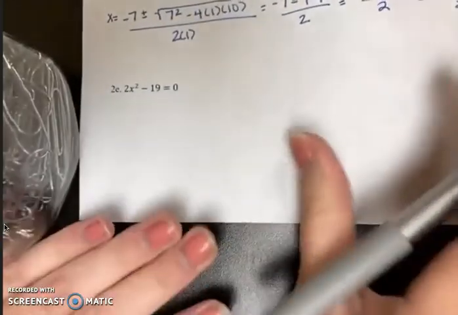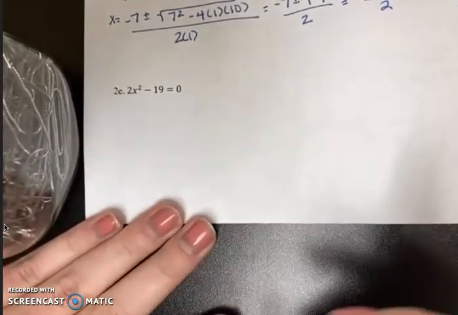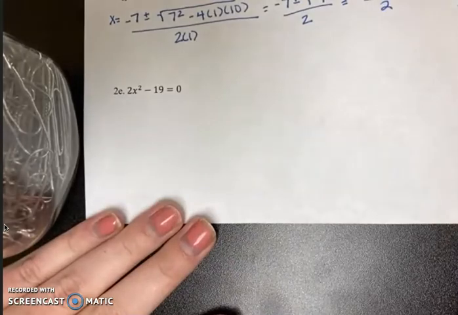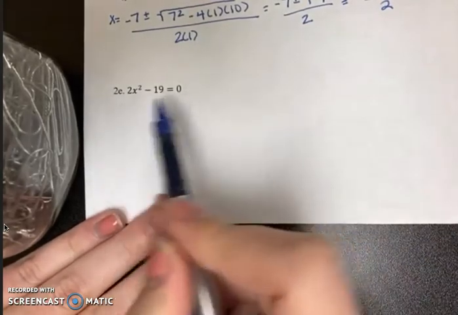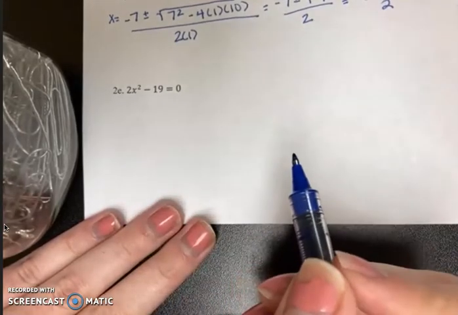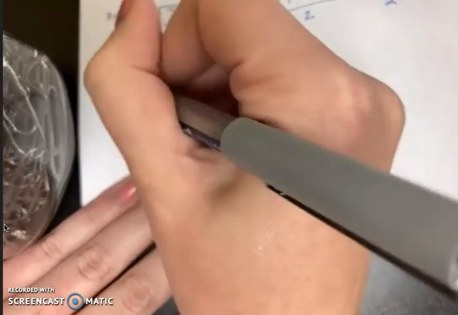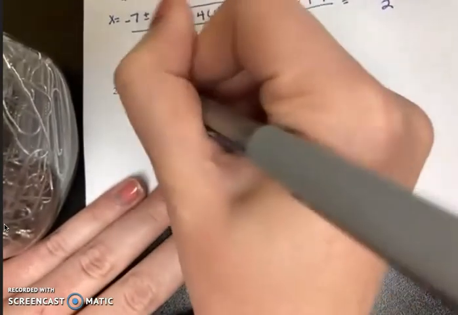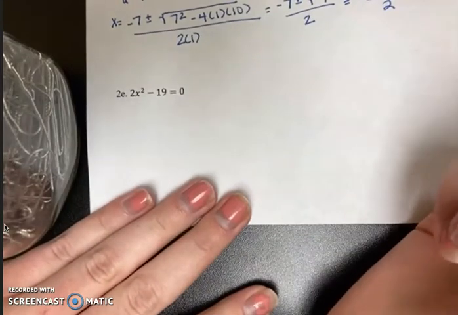All right, last one, 2E. I wanted to throw in a problem like this because some people would be confused saying, hey, that's not written in standard form. Well, you're right, it doesn't appear to be written in standard form, but we could rewrite it into standard form. We have an x squared term and a number, so what we're missing is an x term.